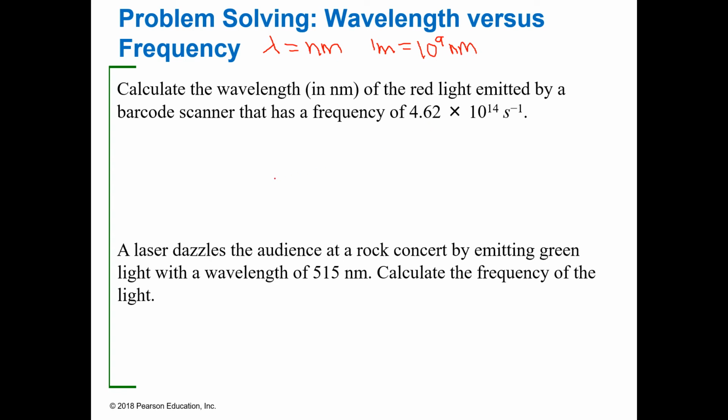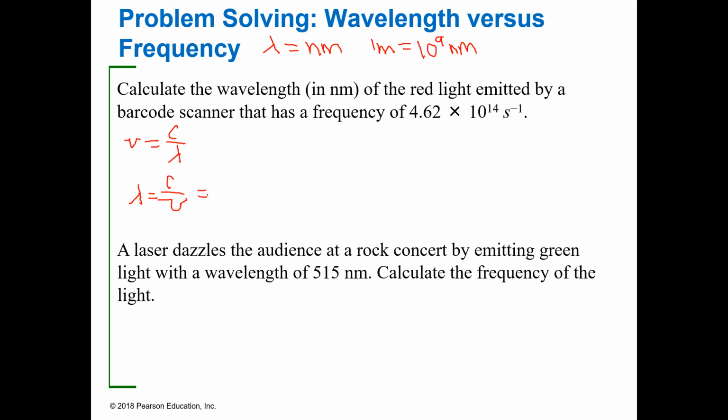Okay, so here we have: calculate the wavelength in nanometers of the red light emitted by a barcode scanner that has a frequency of 4.62 times 10 to the 14th per second. All right, so I'm going to use my little equation here. I know that frequency equals the speed of light over wavelength. So if I rearrange this, I have wavelength equals the speed of light over frequency.